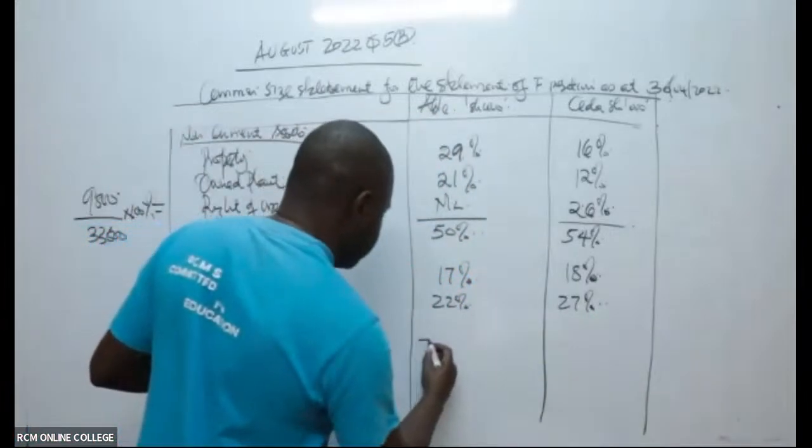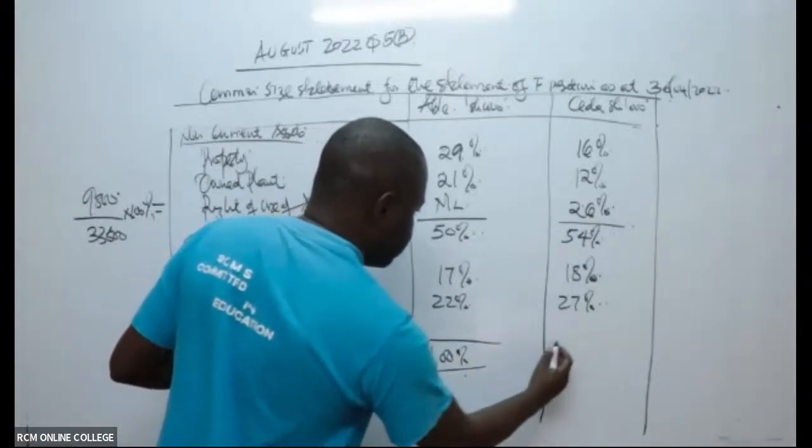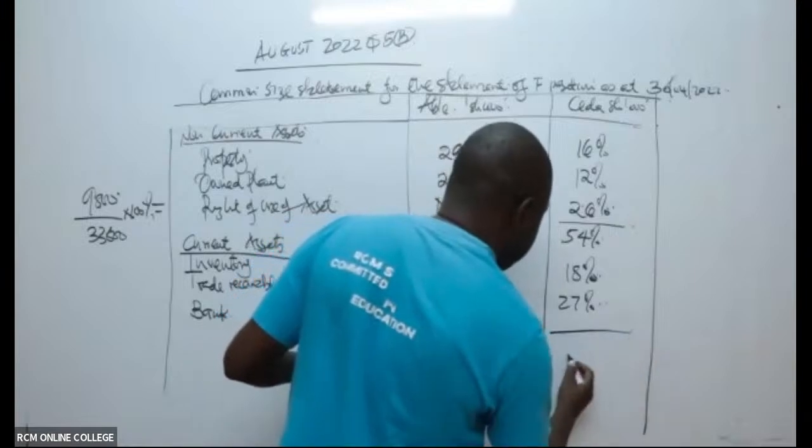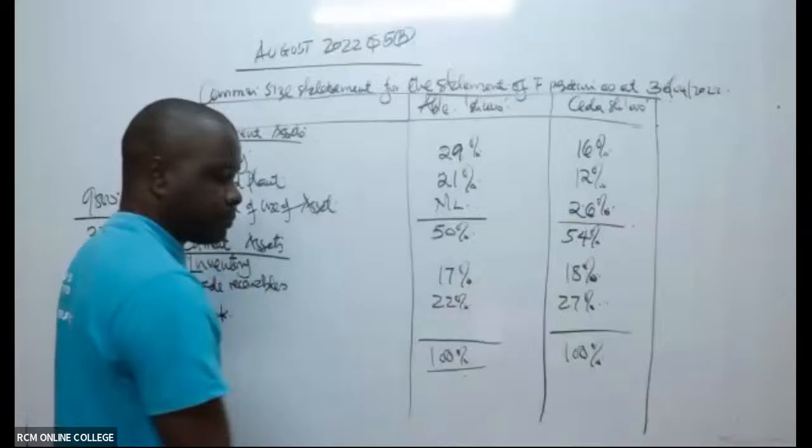this one should be able to give us a total of 100%. What about bank here?